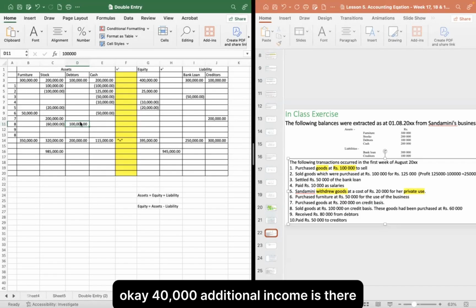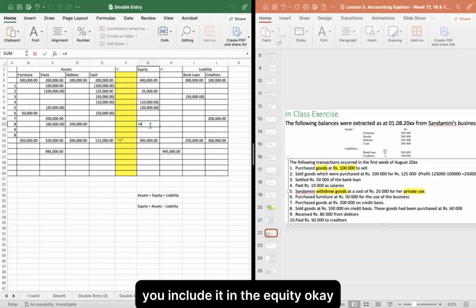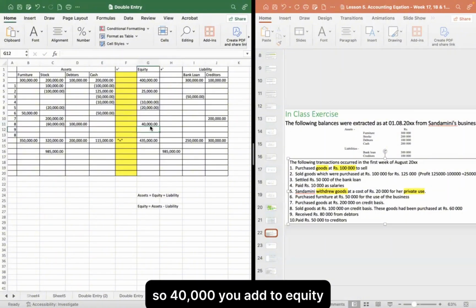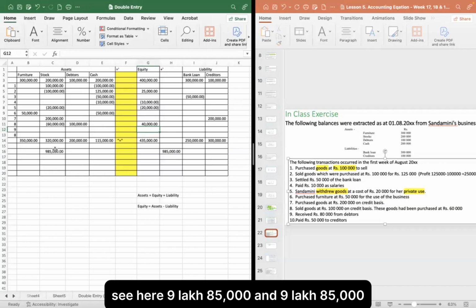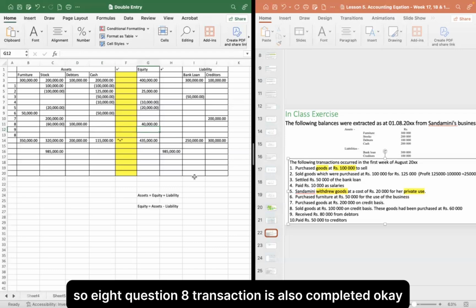When you have additional income, you include it in the equity, so you add 40,000 to equity. See here, 9,85,000 and 9,85,000 are balanced. So the eighth transaction is also completed.